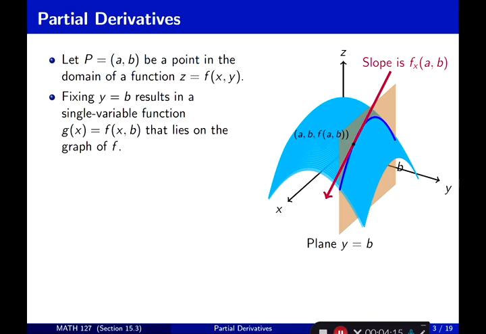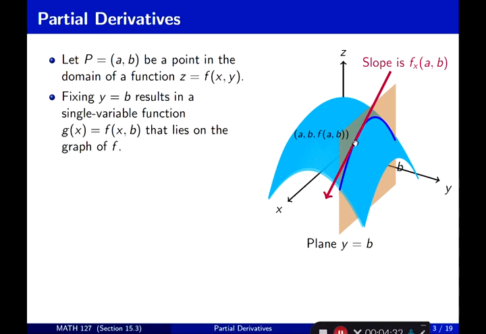remember it was a and f of a for a single variable. Now the input is two variable inputs, which makes it a, b, and f of a, b.